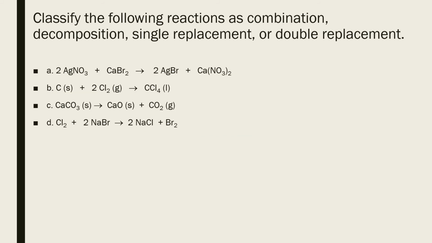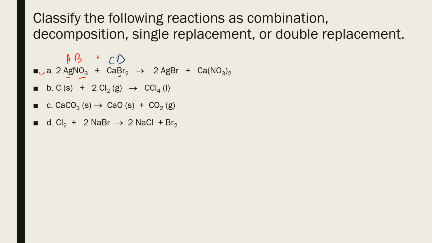Let's classify these reactions into different types. In reaction A, it represents AB plus CD. A would be silver, B would be nitrate, C would be calcium, and D is Br.